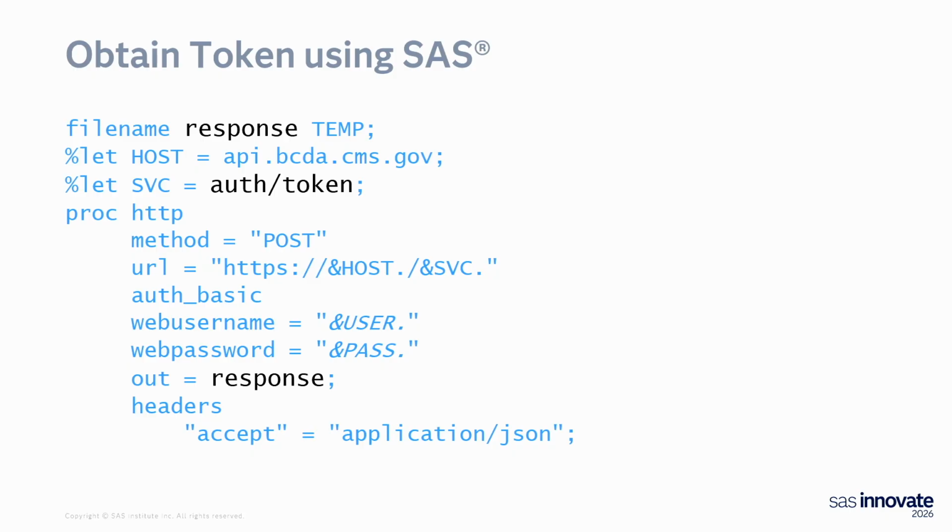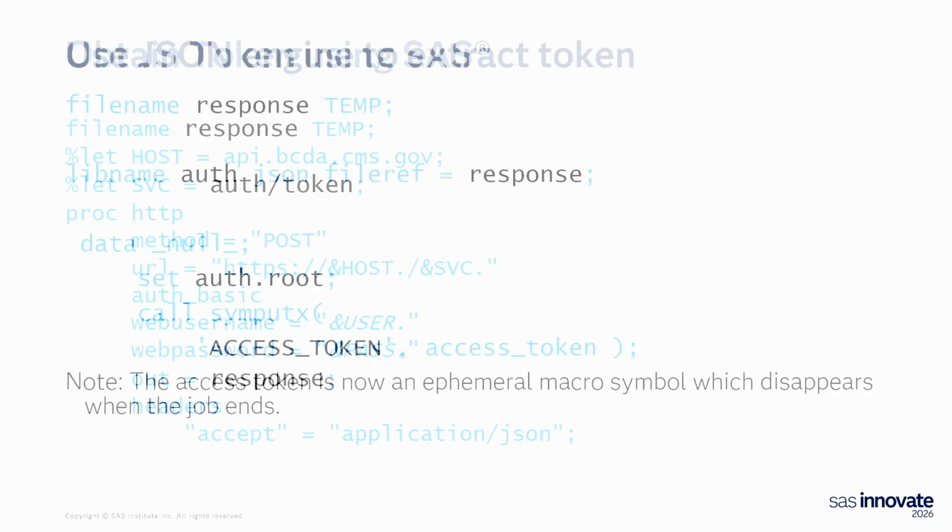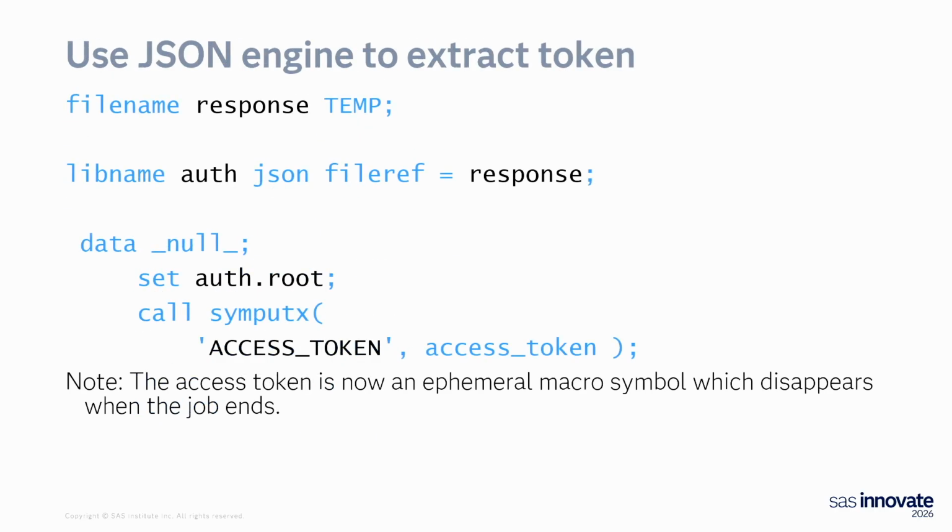In this case, we're sending it to just a SAS file, a filename with the reference response, and we're using the temporary device so that when this job terminates, this file will go away. Because really all we need it for is to grab the token out of it.